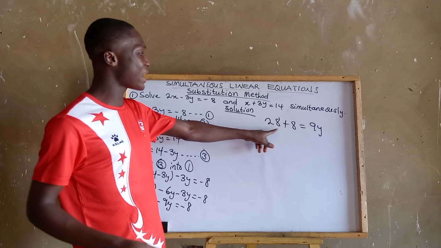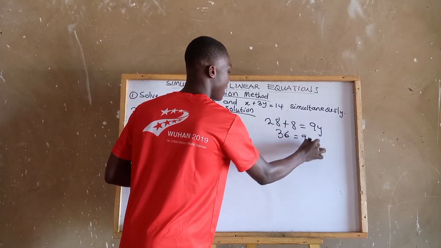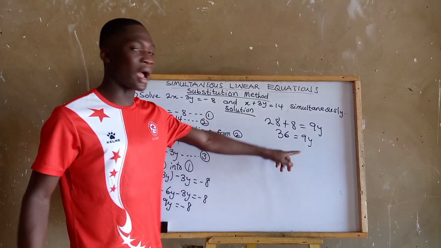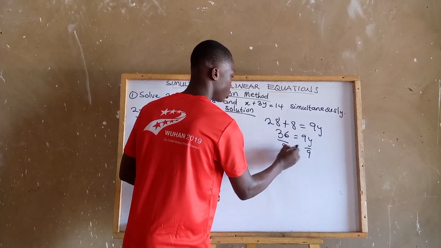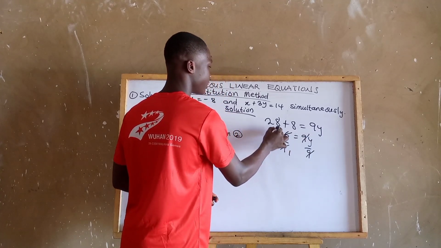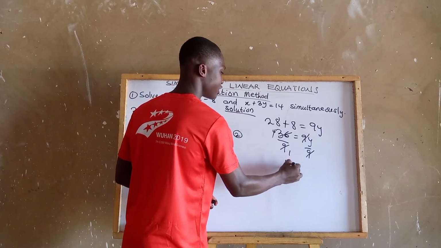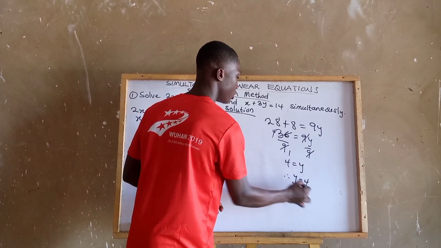Now 28 plus 8 gives us 36. It's equal to 9y. We want the value of y, so let's divide both sides by 9. Now 9 cancels 9. 9 goes into 36 4 times. So 4 is equal to y. Therefore, y is equal to 4.